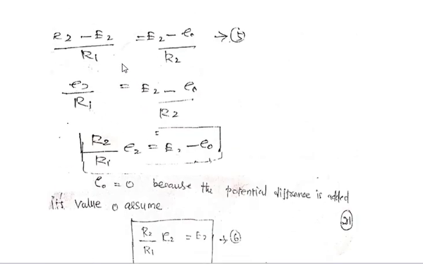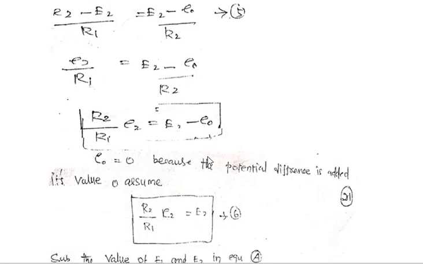Here also, the small e2 is taken as 0. So e2 by R1 is equal to capital E2 minus E output by R2. On replacing the resistances R1 and R2, R2 by R1 into e2 is equal to capital E2 minus E output.